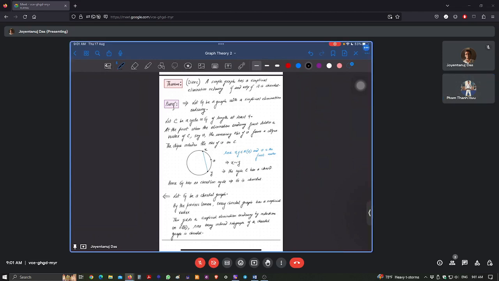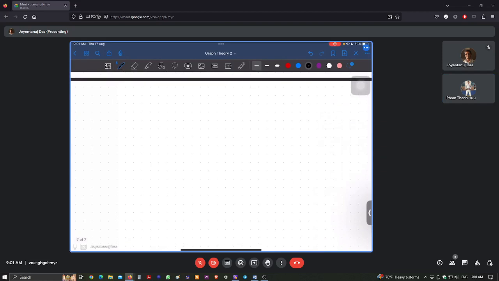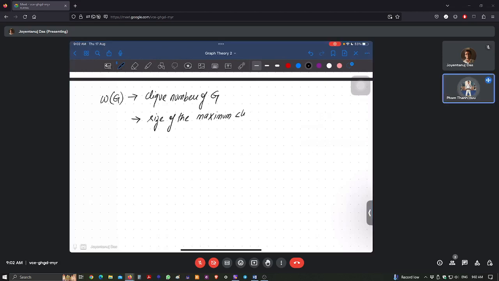Okay, let me write it down. This omega of G is called the clique number of G. This is the size of the maximum clique in G. So what is the largest or maximal clique that is possible inside the graph G?